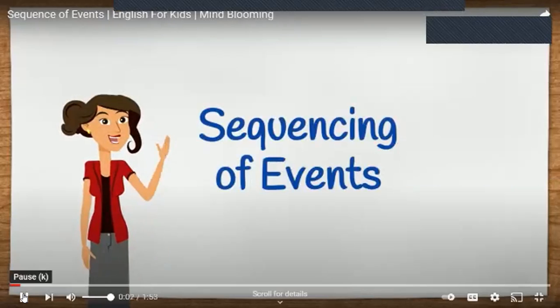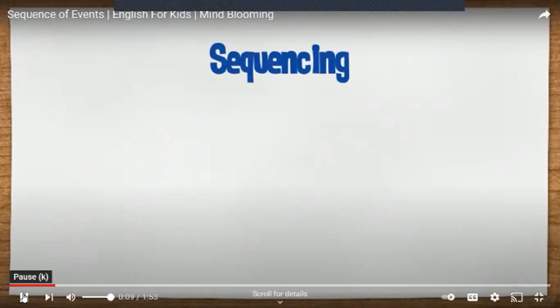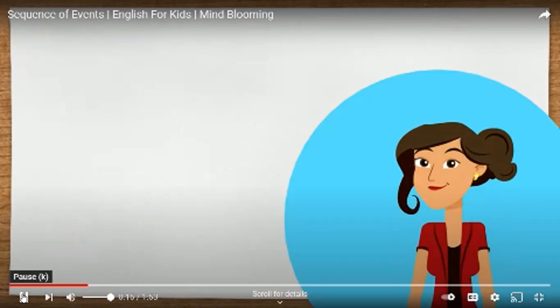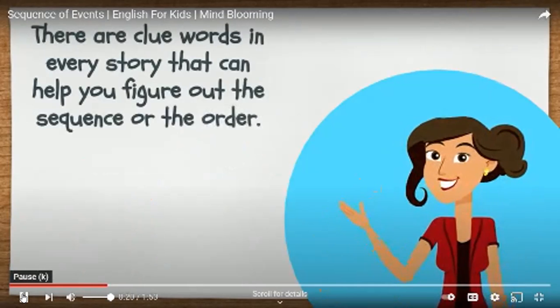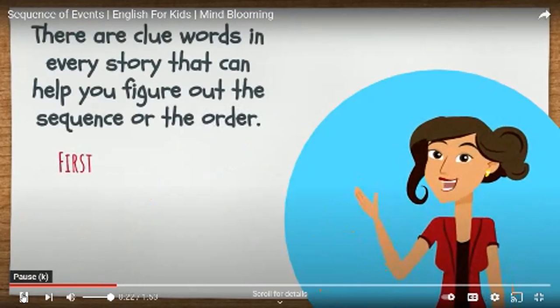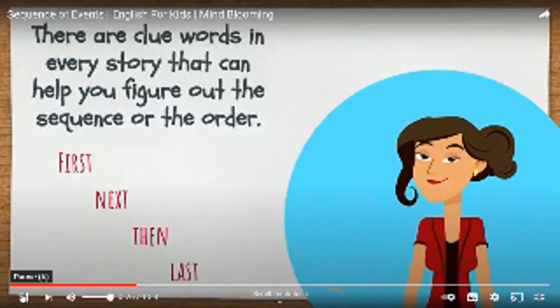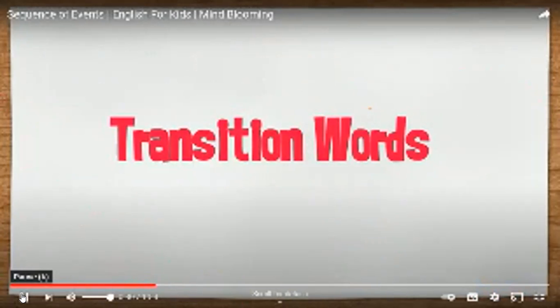Sequencing of events. A sequence is the order of events in a story. Sequencing is putting the events in a story in the order in which they took place. There are clue words in every story that can help you figure out the sequence or the order. First, next, then, and last. We call these words transition words.